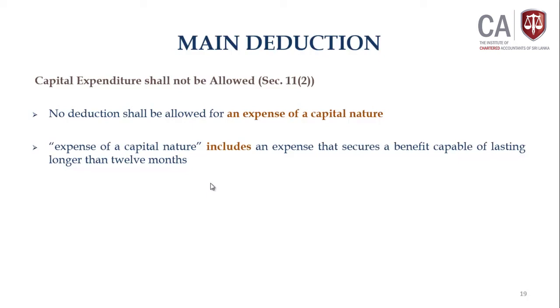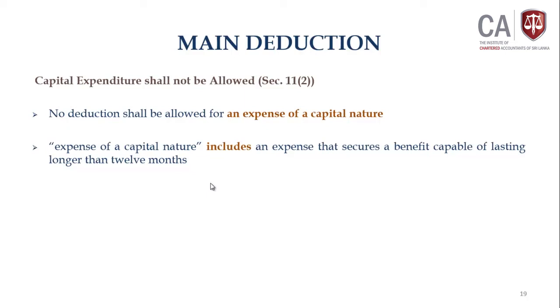Apart from the normal definition, in principle, capital nature expenses also include expenses that require a benefit capable of lasting longer than 12 months. So, any expense, the benefit of which lasts more than 12 months, normally we call an enduring benefit.